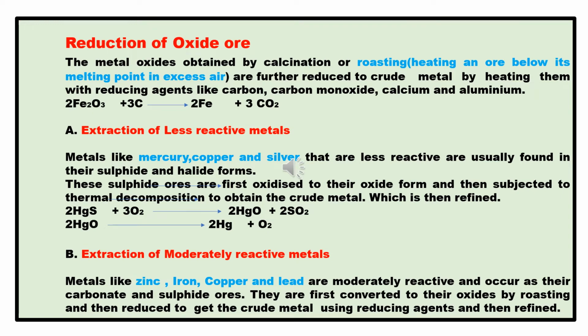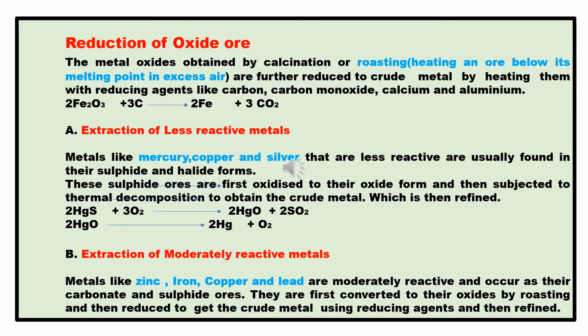Understood, children? This is about extraction I am doing. The less reactive metals like mercury, copper, and silver will be present in their halide or sulfide forms. So, these sulfide ores are first converted into oxides.